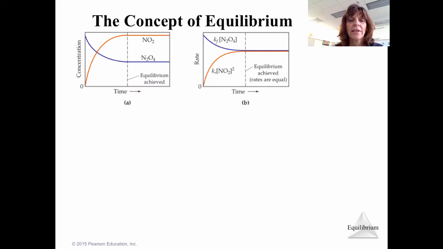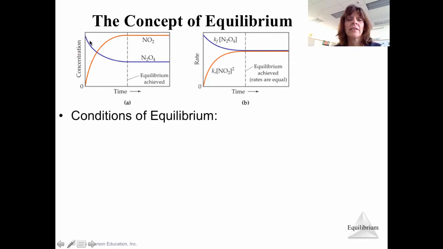We can see this with the example of the reaction between nitrogen dioxide and N2O4, dinitrogen tetroxide, breaking down and forming nitrogen dioxide. You can see in this reaction that the amount of N2O4 decreases as the amount of NO2 increases.